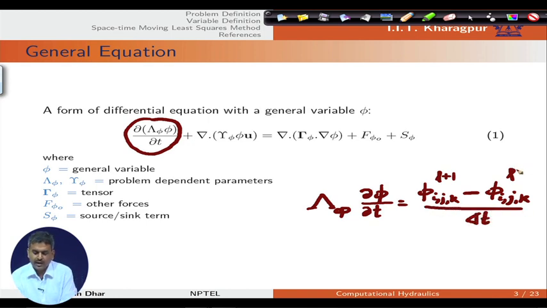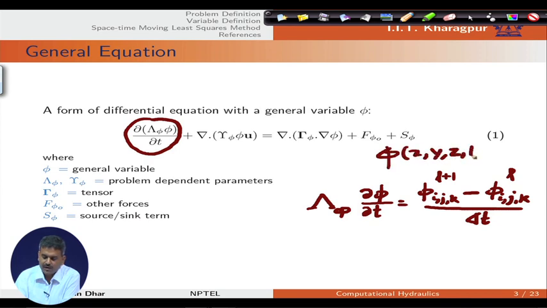L and L plus 1 are the time indices for this discretization, where we are considering that phi is a function of x, y, z and t.